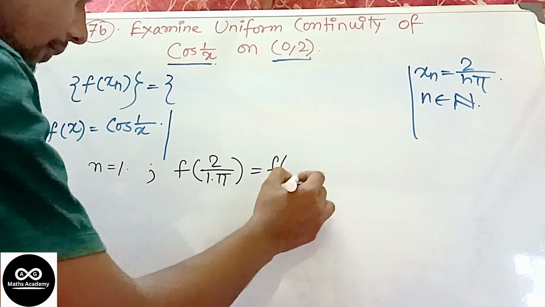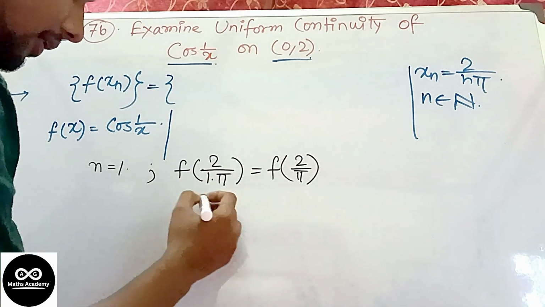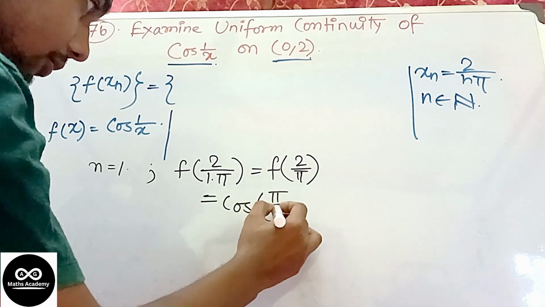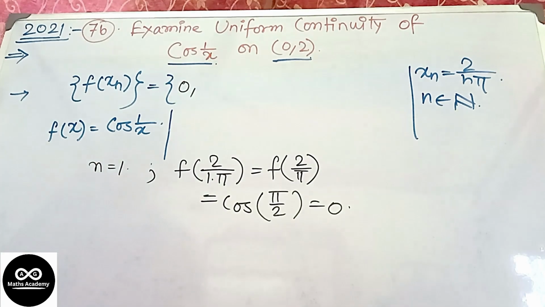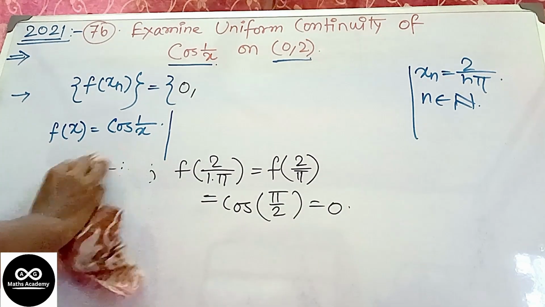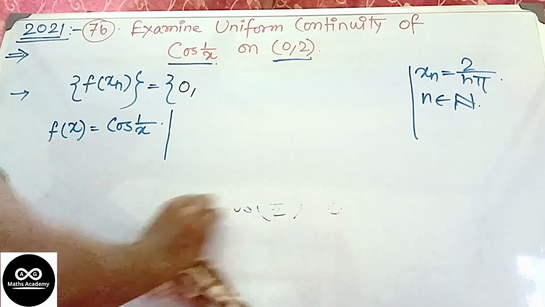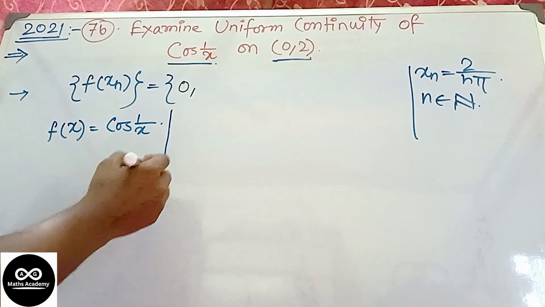This will be f of 2 by pi. Okay, which will be cos pi by 2, which will be 0. So the first value will be 0. Okay. Now we're going to evaluate the second value.